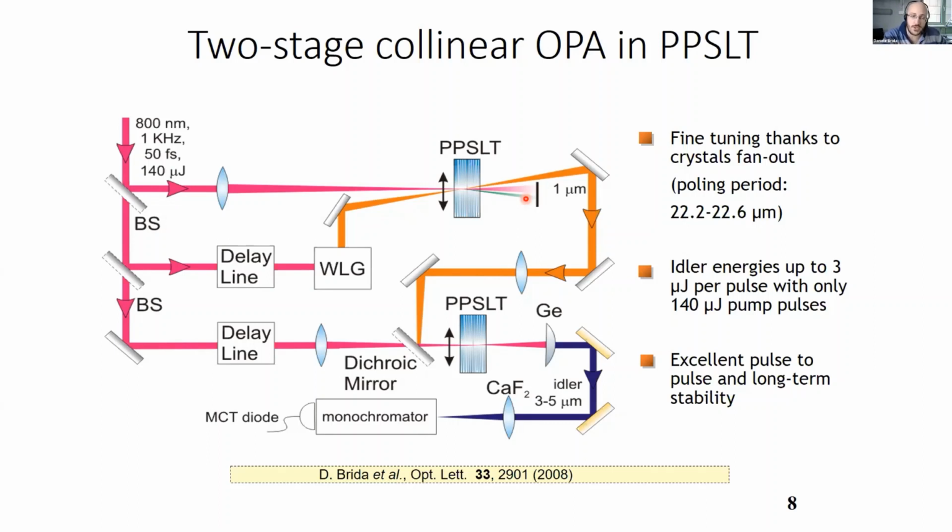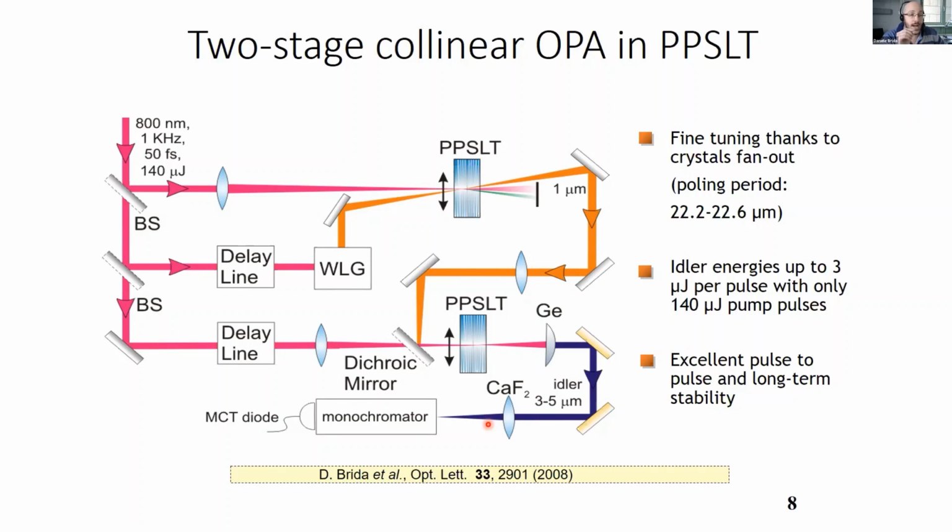What is the solution? The solution is either doing the first stage already perfectly collinear, or, like we did in this case, you can do a first stage in which you just amplify the 1 micron radiation, to have more photons to then drive a second, more optimized difference frequency generation in the same crystal, in which you see again the pump at 800 nanometer and the signal at 1 micron, but this time perfectly collinear, so that you can then generate an idler in the mid-infrared frequency range.